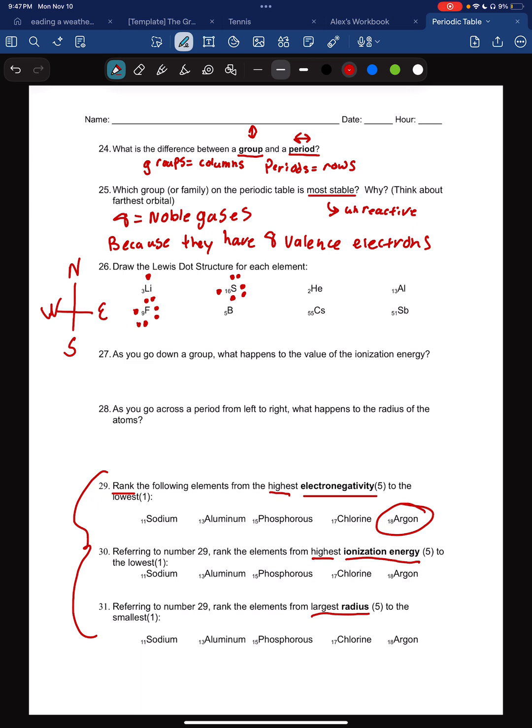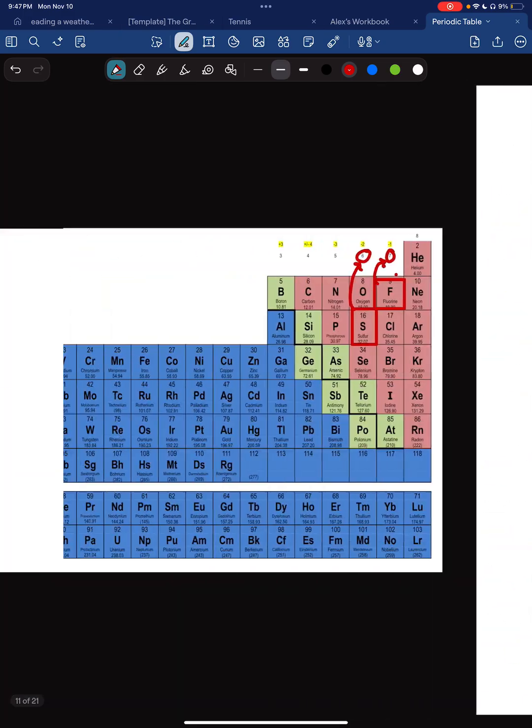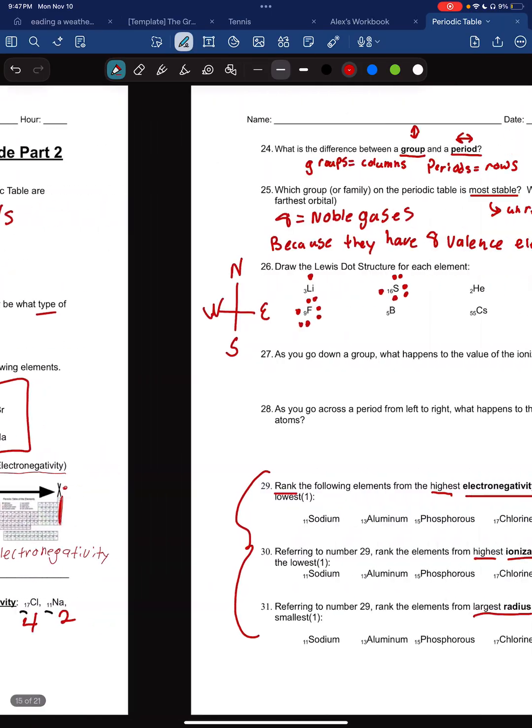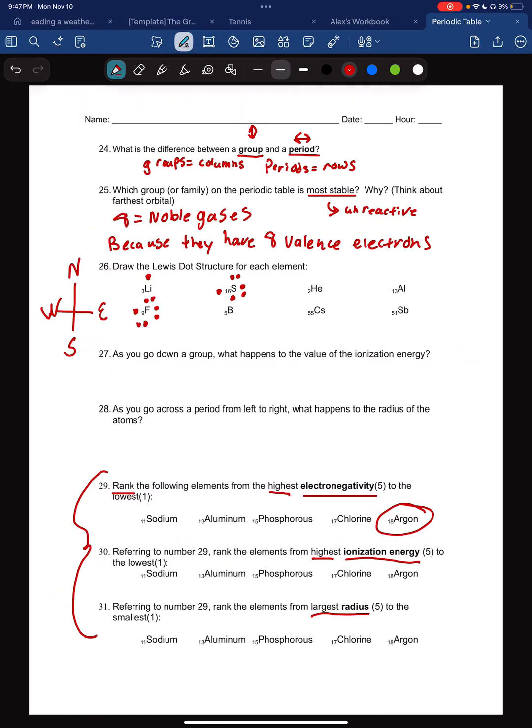Boron is element number 5. So we're going to find boron, which is right here. You're going to find the group number that it's in, which is group 3. So boron's going to have 3 valence electrons. So it'll have, let me do it in a different color so we can see the difference, 1, 2, and 3. Okay. Now I want you to do those 4 on your own, and then you can check your notes or check the study guide key. Okay.